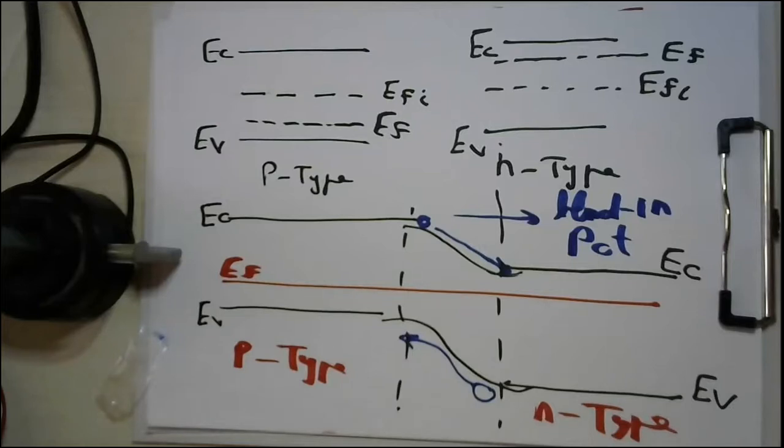If you remember, my dear students, the answer is in the Fermi level. Whenever there is no external applied voltage, the Fermi level should be flat. Once you apply an external voltage, which is what we are going to do today in our lecture, this Fermi level will no longer be flat.